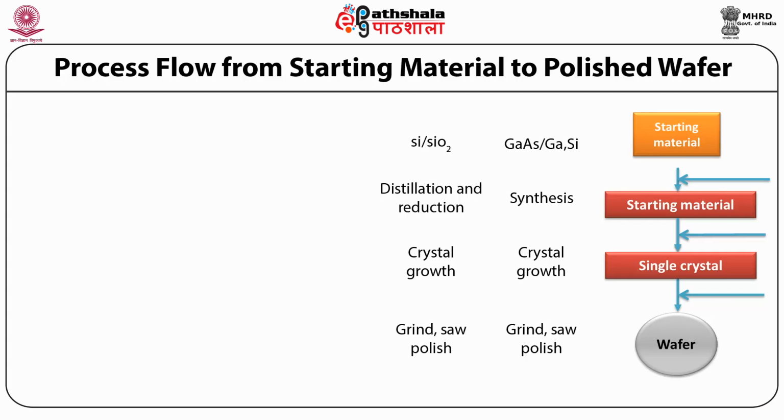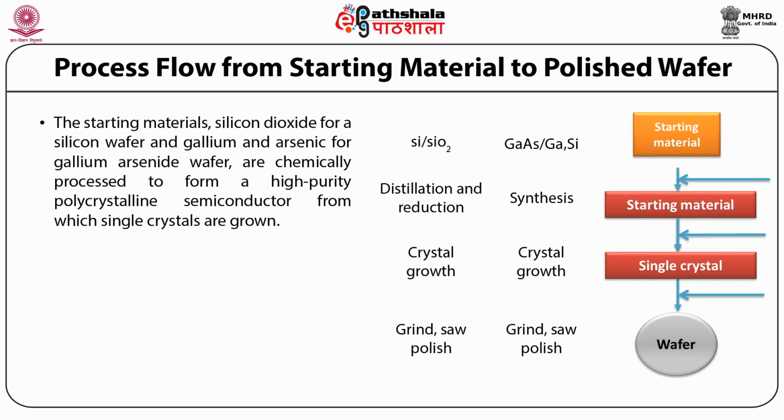First we take the starting material, which can be SiO2, that is distillation and reduction, and then this starting material is grown into a single crystal, and by grinding and saw polish it is made into a wafer.